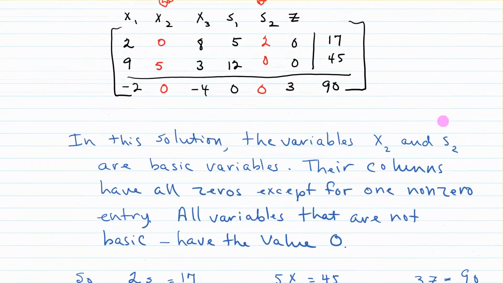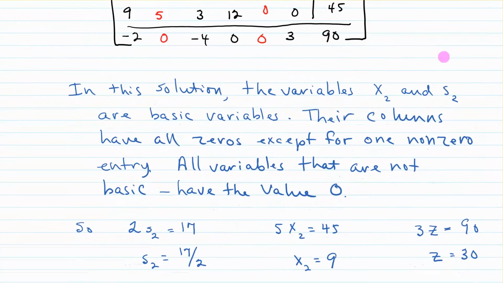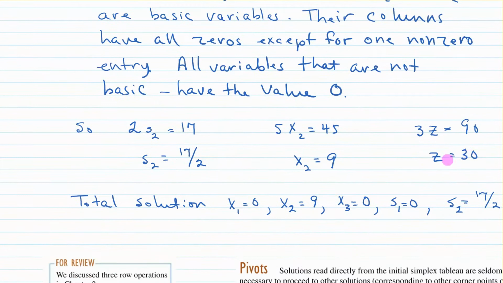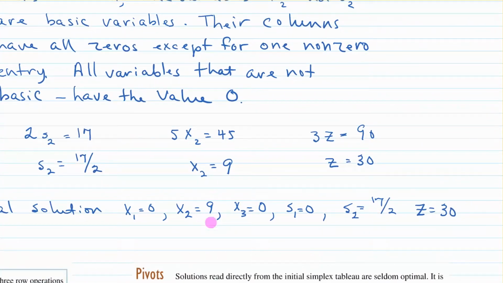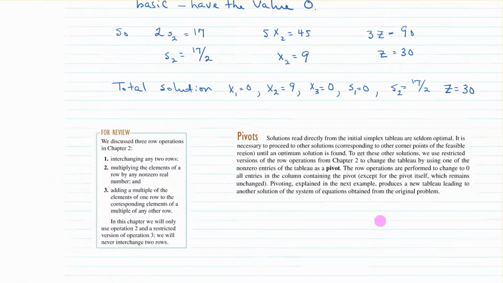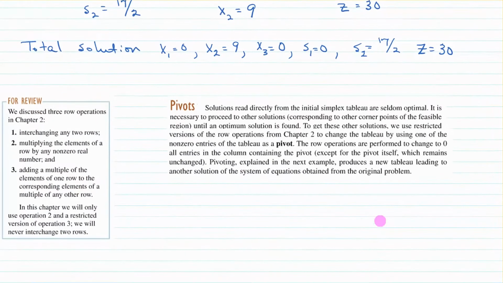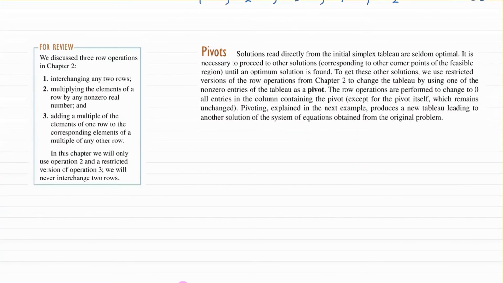On the z, we have 3z equals 90, so z equals 30. The total solution, everything else is a 0, but we did find 9, 17 halves, and 30. Okay? All right, let's see if we can make this a little bit different. And so now we're going to bring in the idea of a pivot.